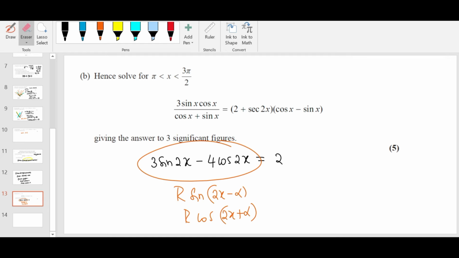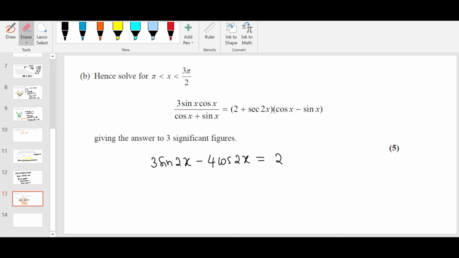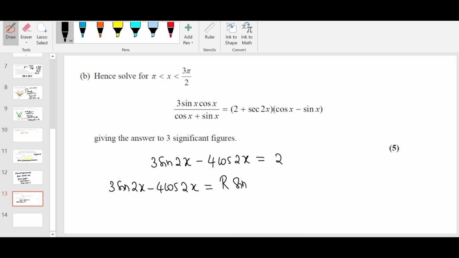So I'm going to take 3 sine 2x minus 4 cos 2x separately and equate it to R sine of 2x plus alpha. So R sine 2x cos alpha plus R cos 2x sine alpha. Compare the coefficient of sine 2x on both sides. You'll get R cos alpha is equal to 3.